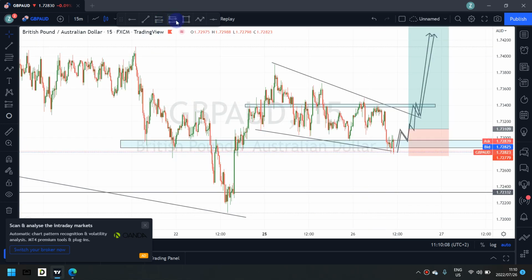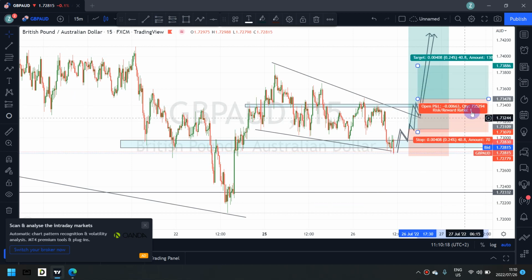And then should the market continue after I've entered my trade, breakout, retest, I would then place my buy stop here as a way of scaling in.